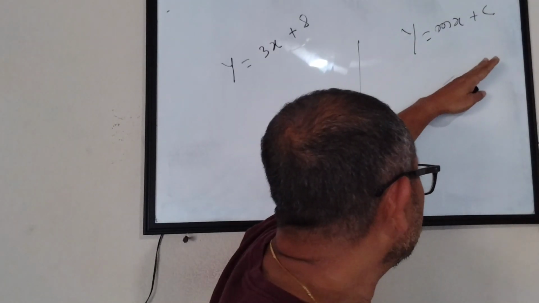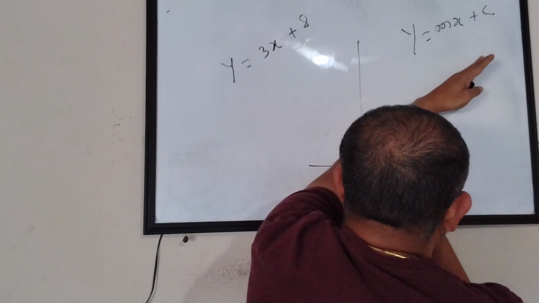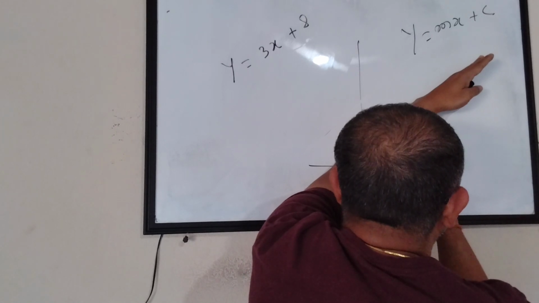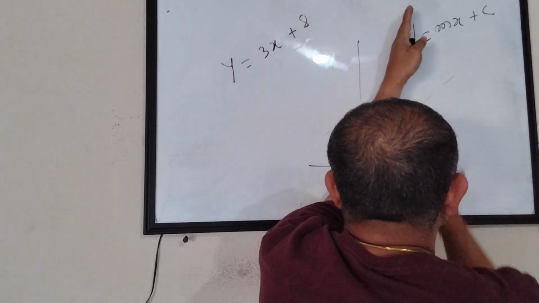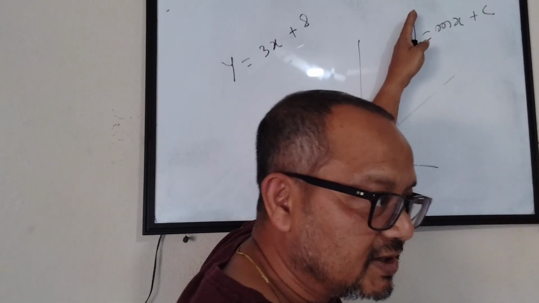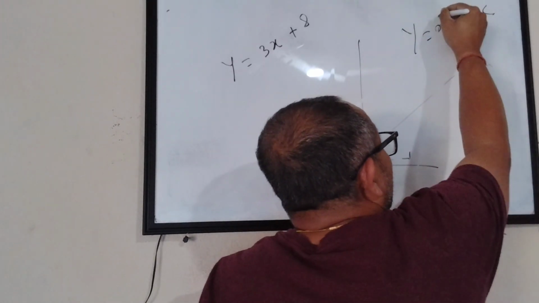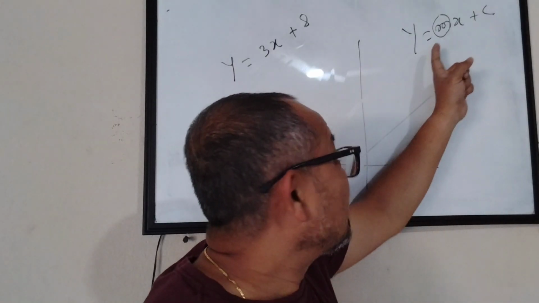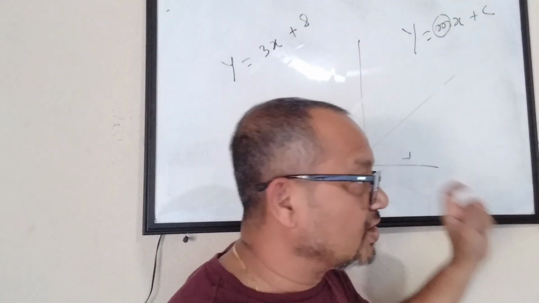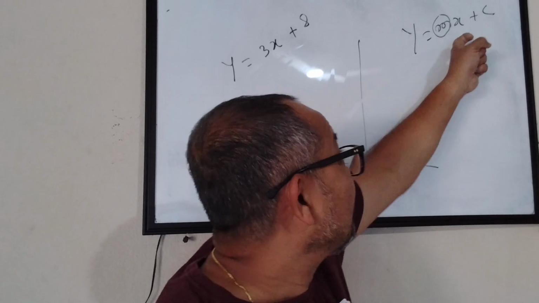Look at this. Here, if I'm moving x by 1, y is moving by 1. Look at this. If I'm moving x by 1, y is probably changing by 4. So the value of m, or the slope of the equation, tells you how fast your y is changing for every change of x.